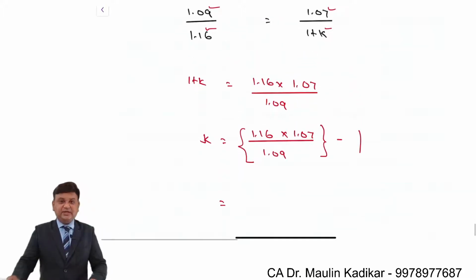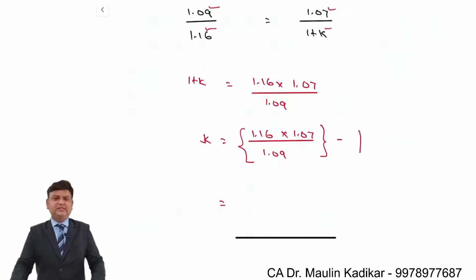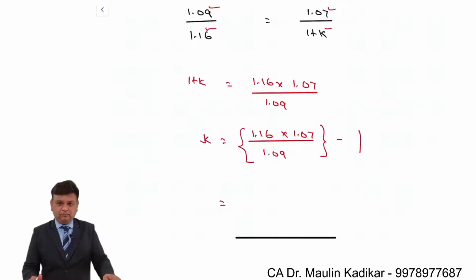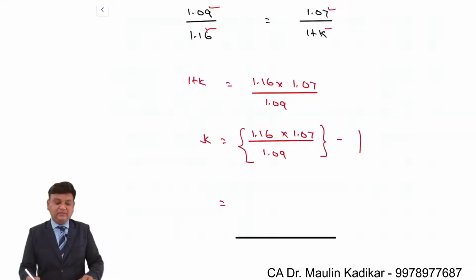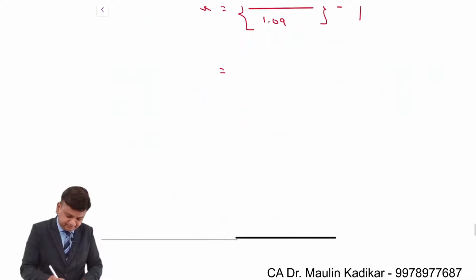This is the way the risk adjusted, or we can say the foreign currency adjusted, cost of capital can be found. So the answer is 1.16 into 1.07 divided by 1.09. So it is 1.1387 minus 1. So it comes to 13.87%.